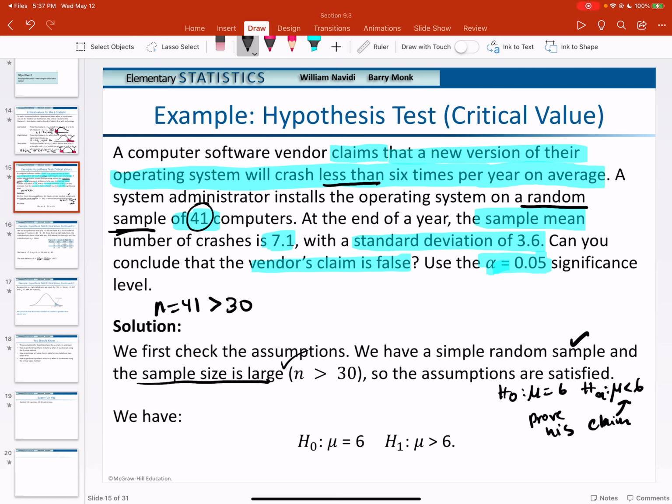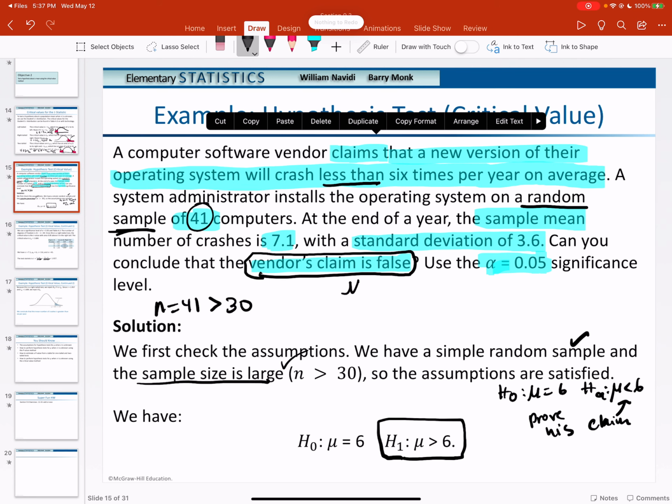But since we have to conclude that the claim is false, that means it has to be greater than. What would make it false is if our conclusion was that it was greater than 6 times per year. Why don't we have an equality, somebody asks? Because the equality is always with the null hypothesis, not the alternate hypothesis.